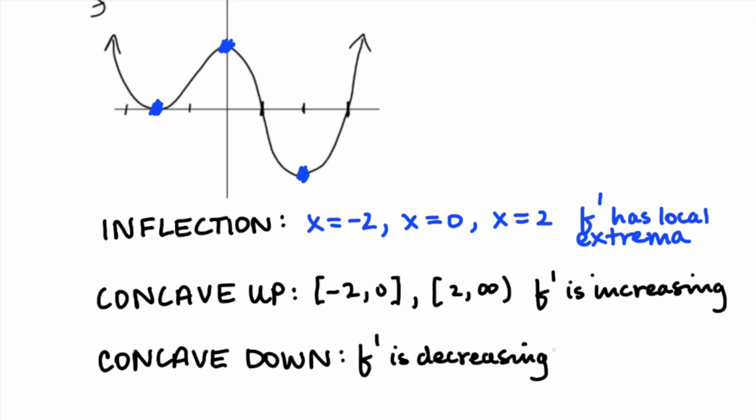F prime is decreasing from -infinity to -2, also 0 to 2. All right, there we go.